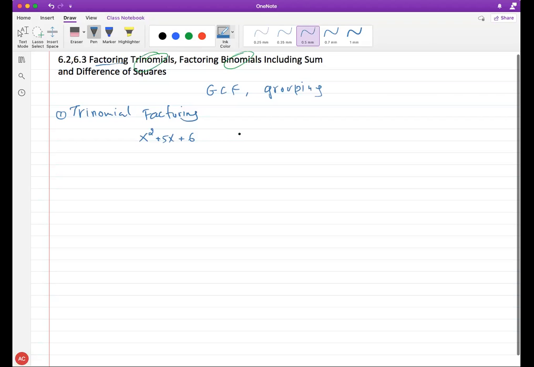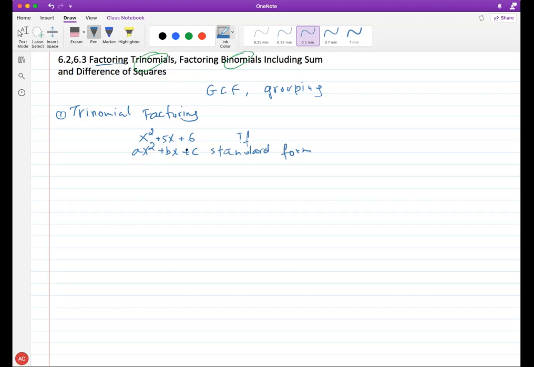Basically this trinomial is in this form, the standard form, something like this. This is the standard form of all trinomials of degree 2.